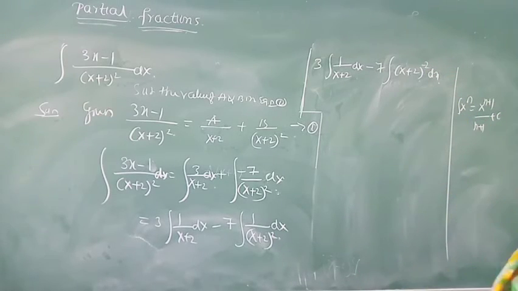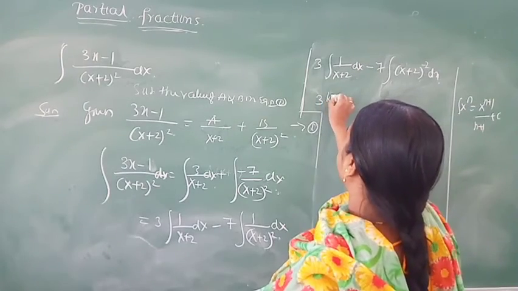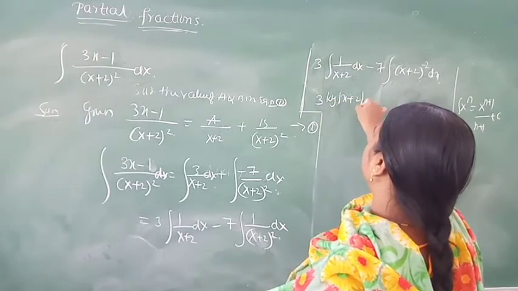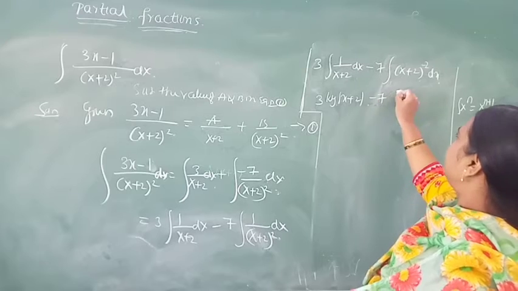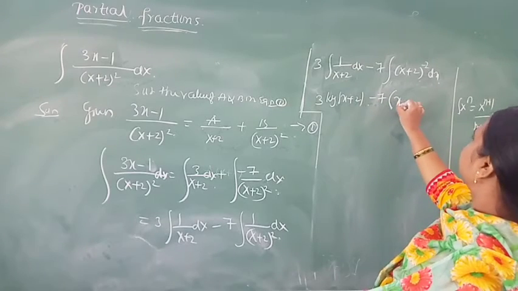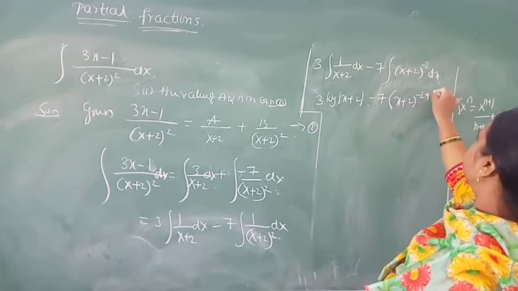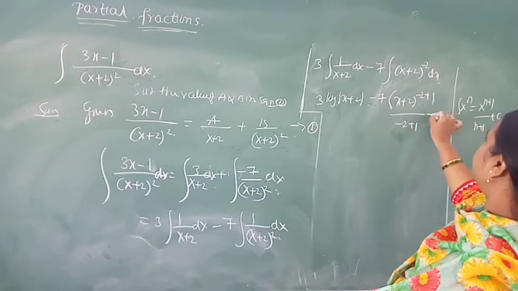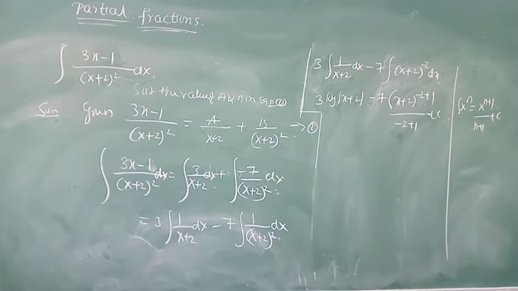Then we are applying this formula, correct? 3 into integration of 1 by x is log of modulus of x plus 2, minus 7, apply formula, x plus 2 to the power minus 2 plus 1 by minus 2 plus 1. This formula we are applying.